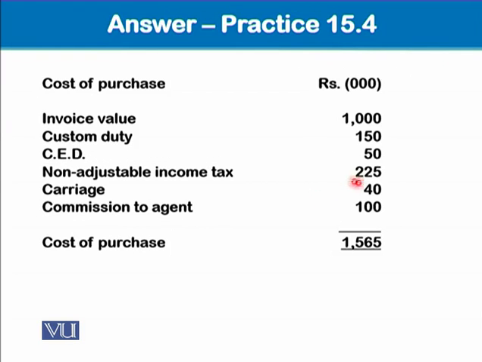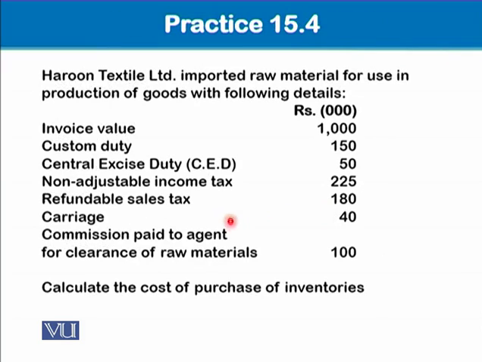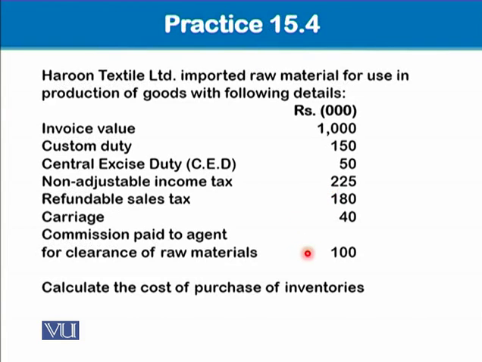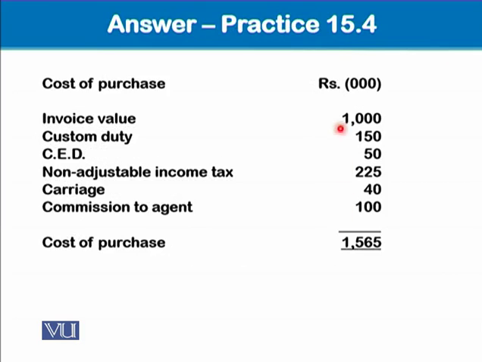This we will not include because it is refundable; we will receive its refund in future. Then carriage inwards will be included. And the commission paid to agent for clearance of raw material: if the agent does not clear this raw material from the port, we will not be able to get it in our factory. So these clearing charges are also included in the cost of purchase of that raw material. So the total is 1.565.